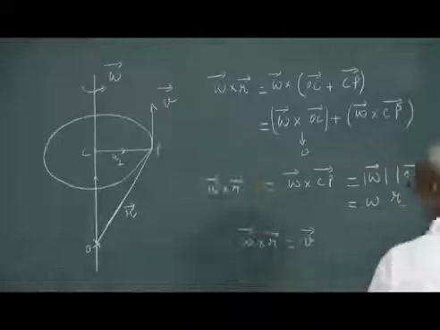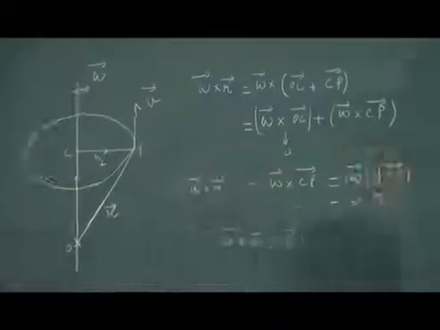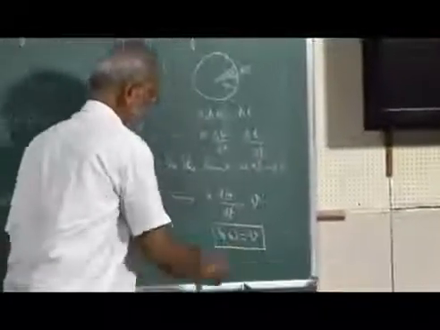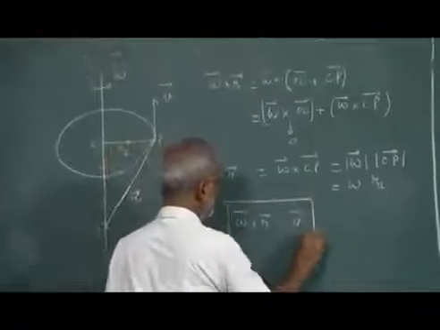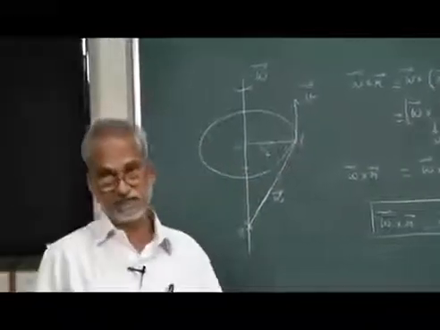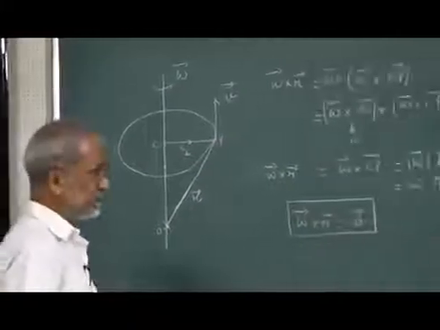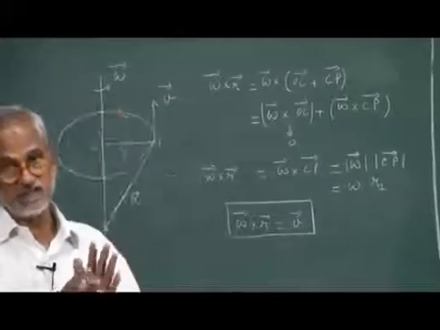What is the magnitude of linear velocity? That is the calculation which I have shown here, r omega, and linear velocity is perpendicular to r and omega, therefore we say that omega crossed with vector r is equal to v vector. This may not be a very rigorous way of looking at things, but the geometry gives us an insight.